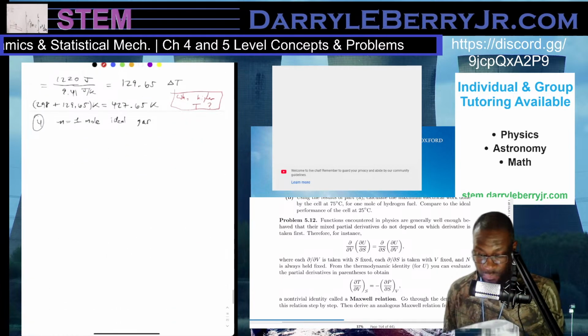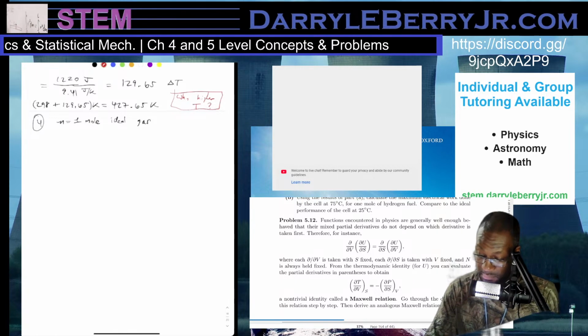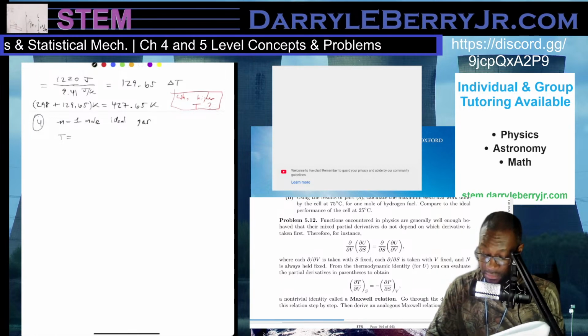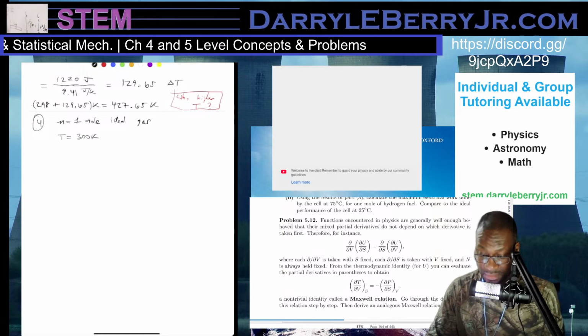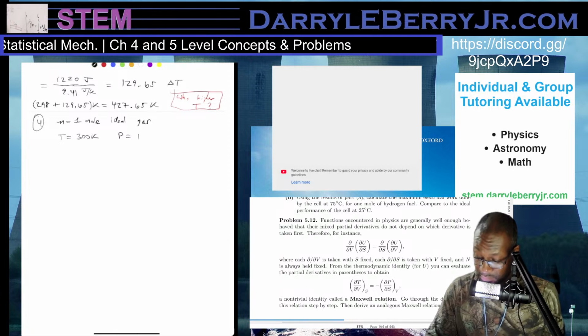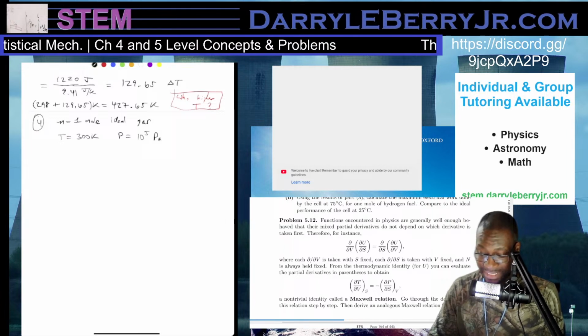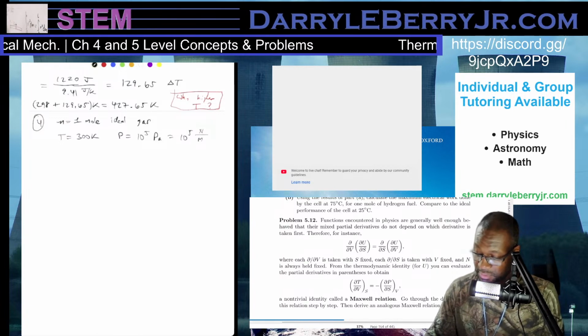All right. 1 mole of ideal gas. T equals 300 K. P equals 10 to the 5 pascals, which is 10 to the 5 newtons per meter squared.